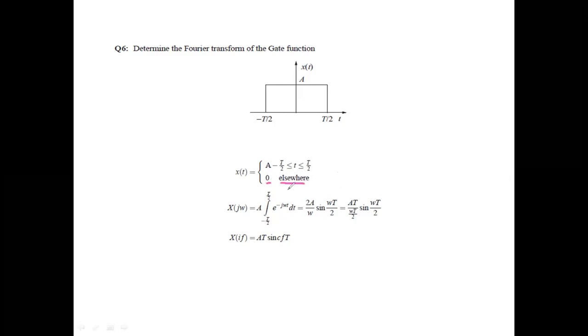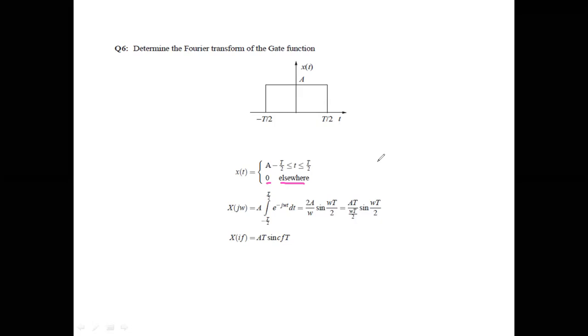By using the Fourier transform definition, X of omega is equal to the integral from minus infinity to infinity of x of t e power minus j omega t dt. But x of t from minus T by 2 to T by 2 has the value A. So taking the limits minus T by 2 to T by 2, A into e power minus j omega t dt.